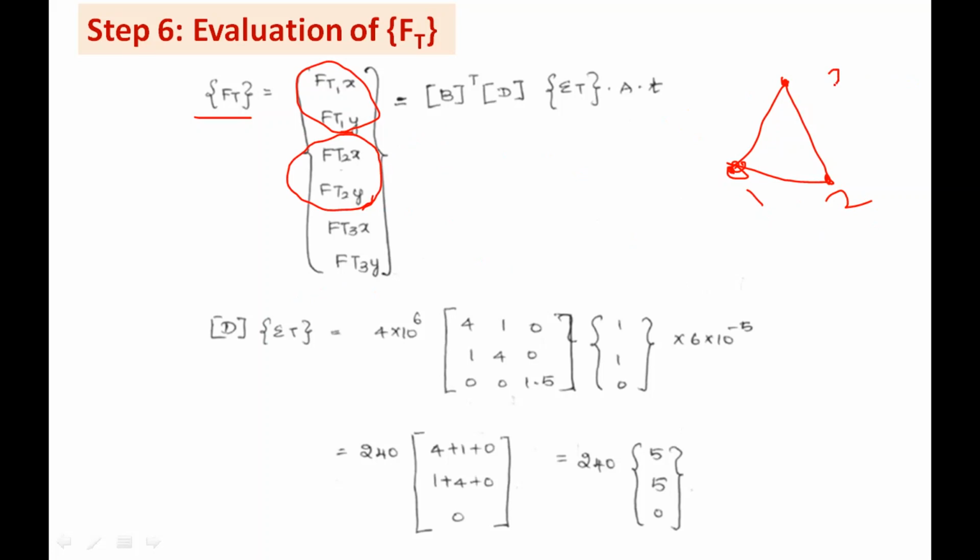For node 3, we'll have Ft3x, Ft3y. So the components along the x and y direction due to the temperature change we are evaluating. The expression for Ft we already derived. It is the product of B transpose D multiplied by epsilon T into volume of the element At.